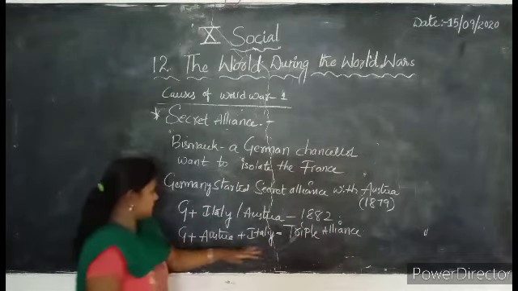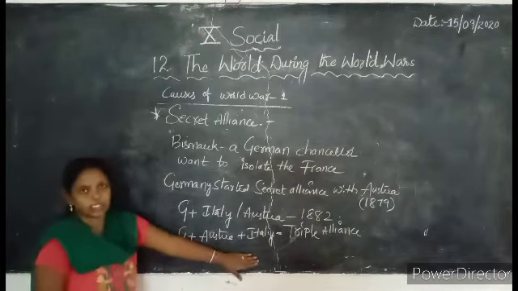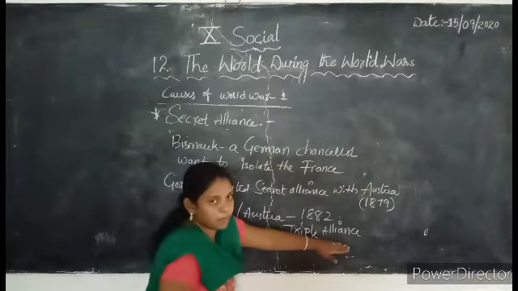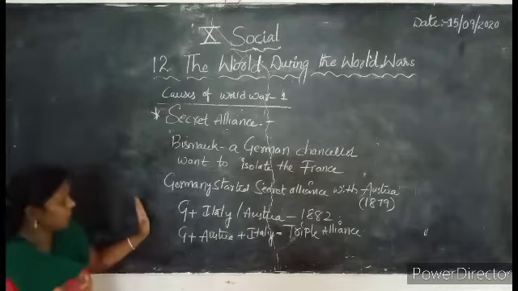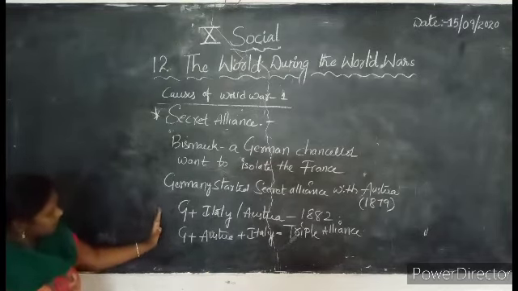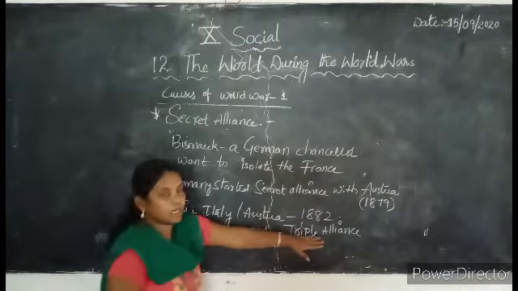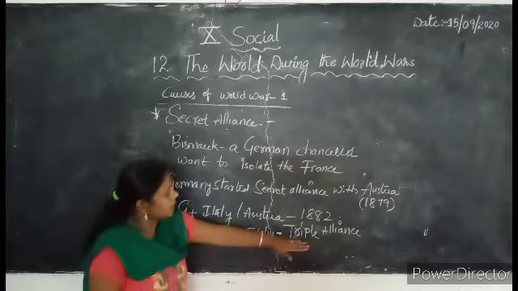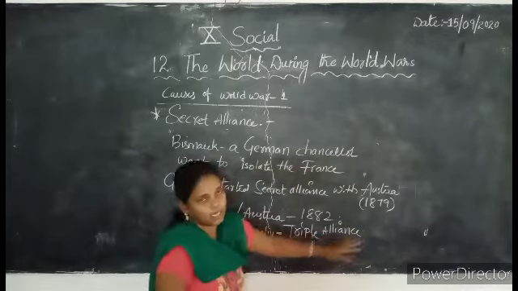So, three countries joined together, formed what? An alliance. We call it the Triple Alliance. What are the countries? In a one mark question also, they may ask which countries come under the Triple Alliance. So, Germany, Austria, Italy formed the Triple Alliance.